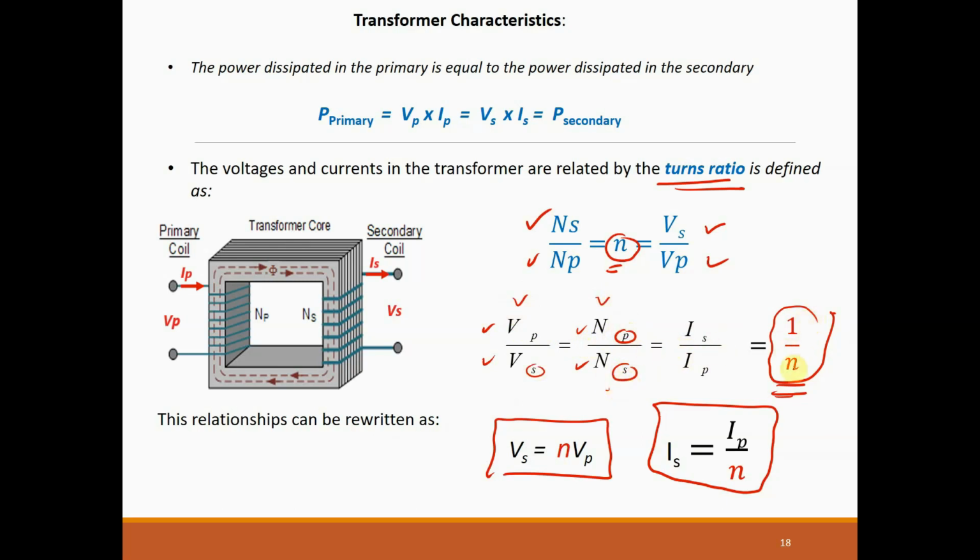So it will be equal to 1 over N. But for the current, it should be opposite, IS over IP. Voltage and the number of turns are primary over secondary, but the current is secondary over primary. It should be equal to the reciprocal 1 over N.